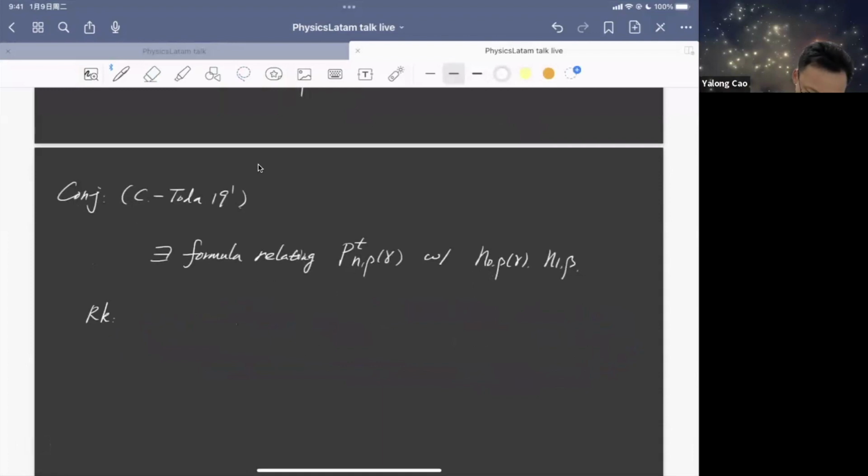The remark is that when T goes to infinity, it recovers the previous conjectures.